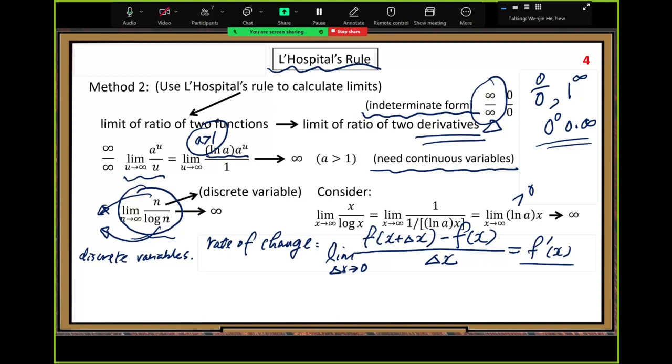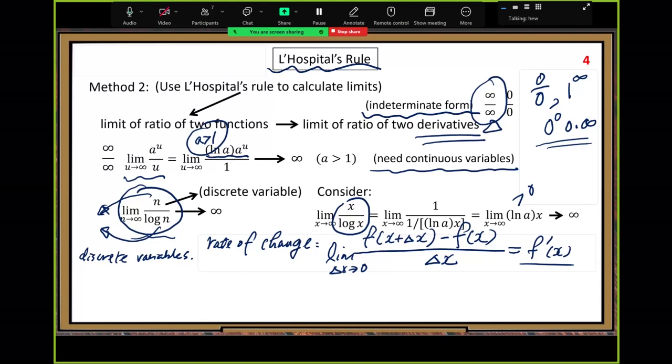Approaches something. Here the variable approaches infinity, then the function, we can treat this whole function as a whole, takes a certain limit. I do not need you to give me the whole definition. We don't need that.